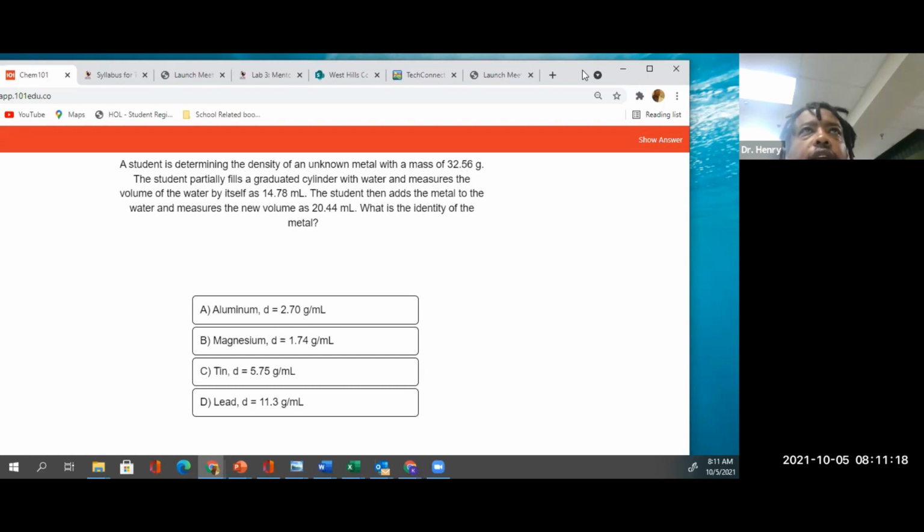The student then adds the metal to the water and measures the new volume as 20.44 milliliters. What is the identity of the metal?